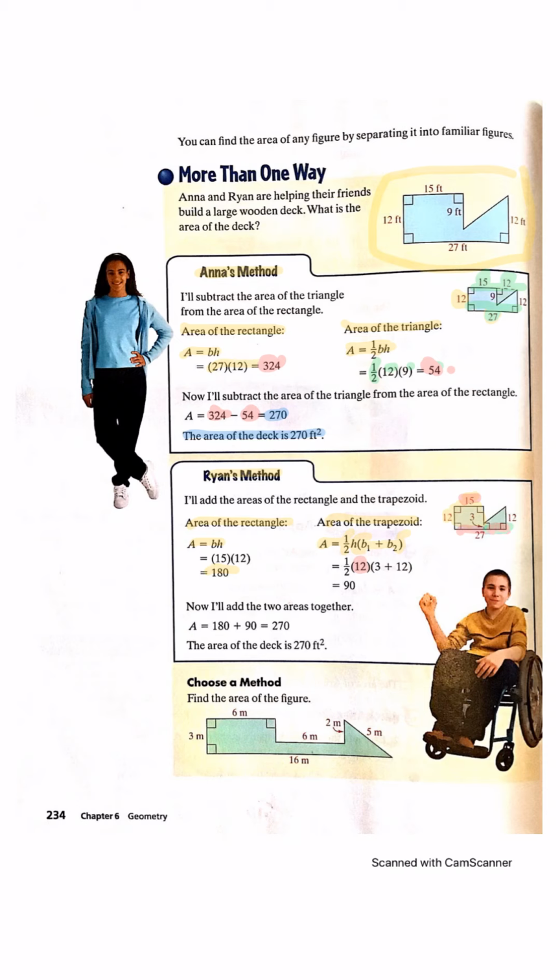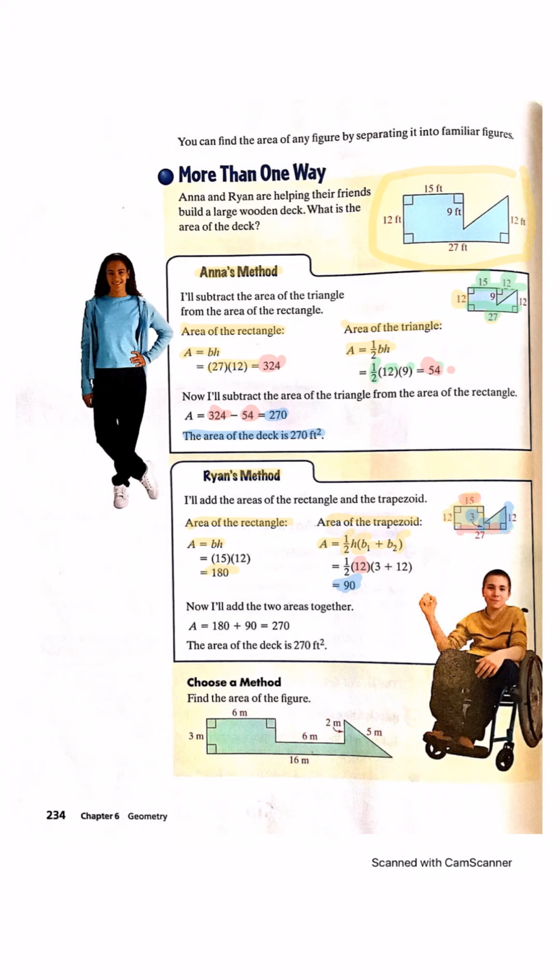Let's change that back to red. So 1/2 times 12 times base 1, which is 3, this area right here, plus 12. And when he adds 3 plus 12, he gets 15. Multiply that by 12 and divide by 2, he gets 90.